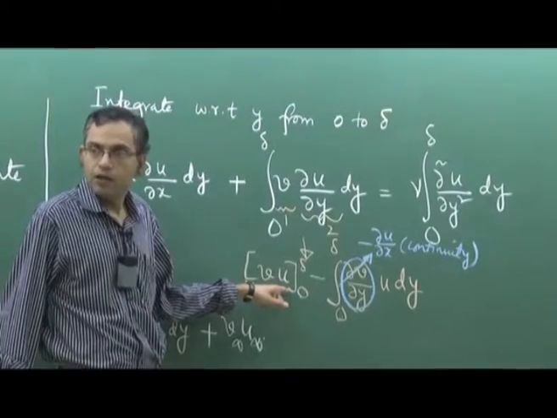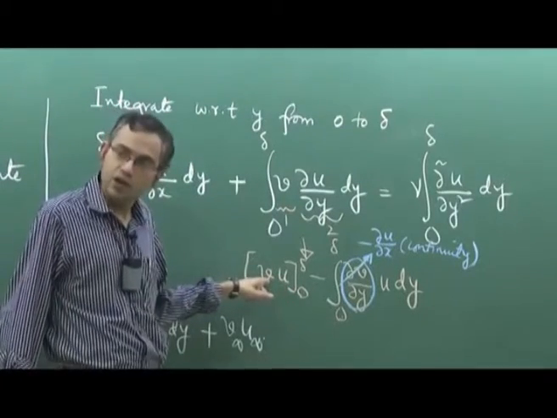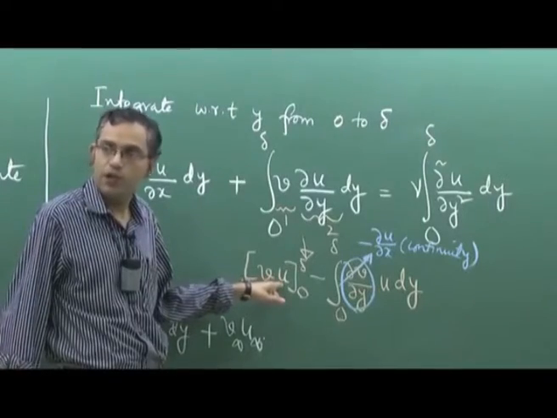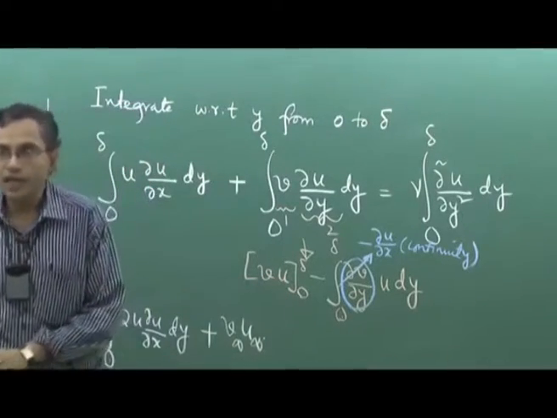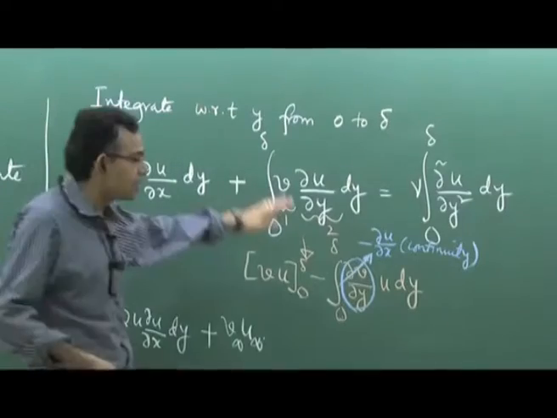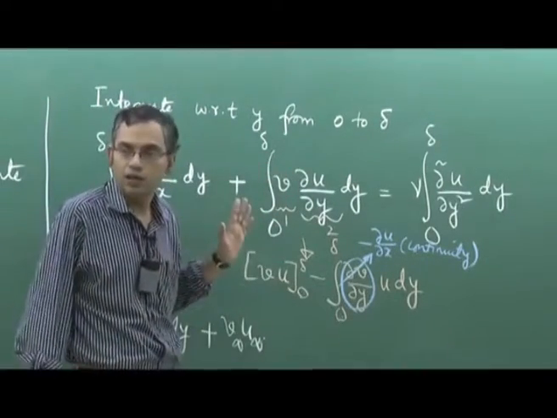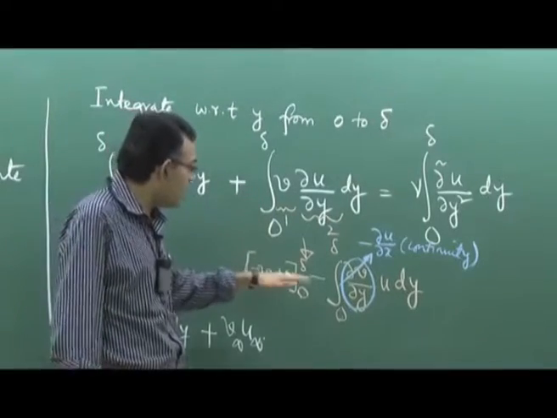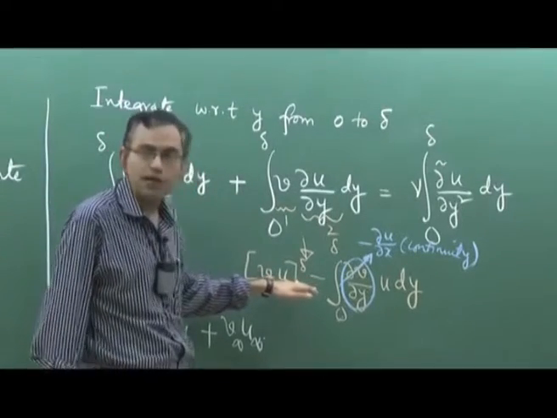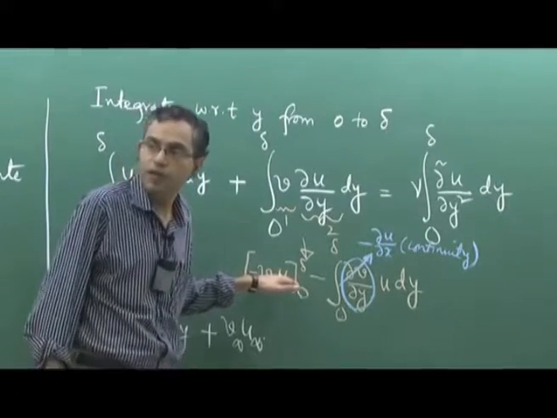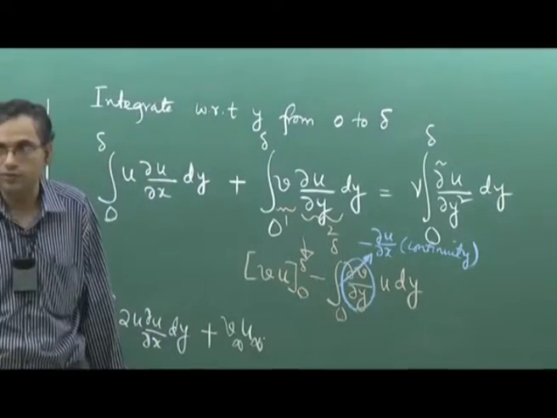Okay. So v at 0 is 0 because of no penetration, u at 0 equal to 0 because of no slip. Very interestingly, the result of this method does not change if there is a slip at the wall. The reason is, even if there is a slip at the wall, that is u at the wall is non-zero, still v at the wall is 0 because of no penetration. So the product will be 0.